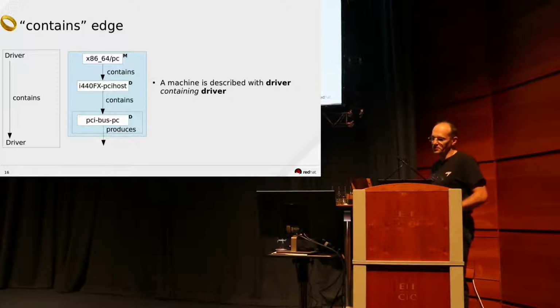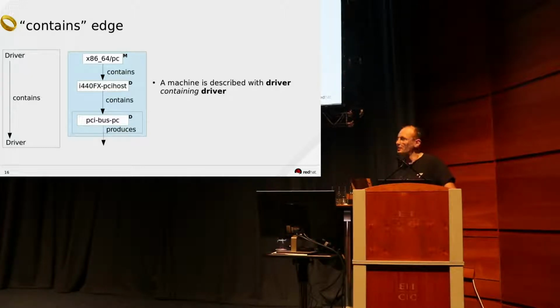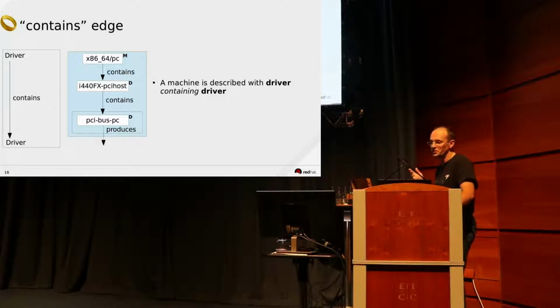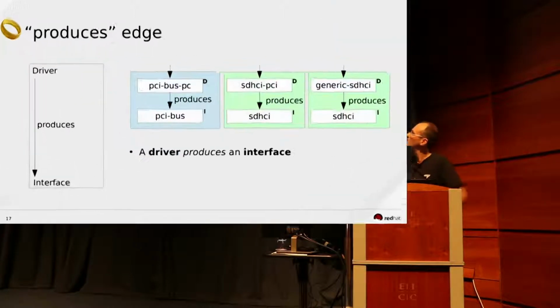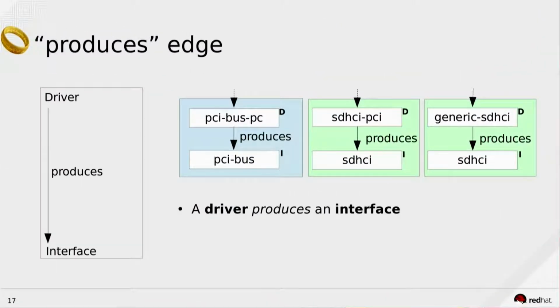Like the PC machine contains the PC host bridge, the i440 PCI host. And the driver can contain another driver, like the PCI host bridge contains a PC implementation of the PCI bus. So, as we can see, the PC machine contains a PCI host bridge that contains a PCI bus PC, and the PCI bus PC produces a PCI bus.